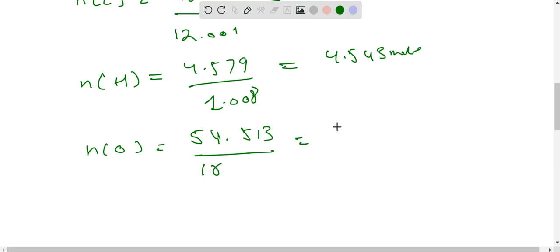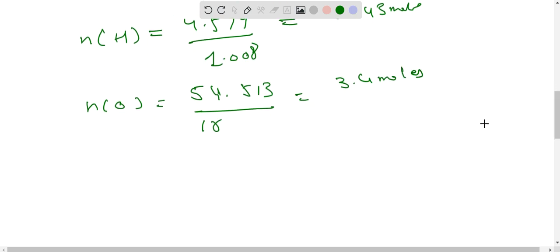So we have the number of moles of oxygen as 3.4 moles. Now we have to convert them into a simple whole number ratio.